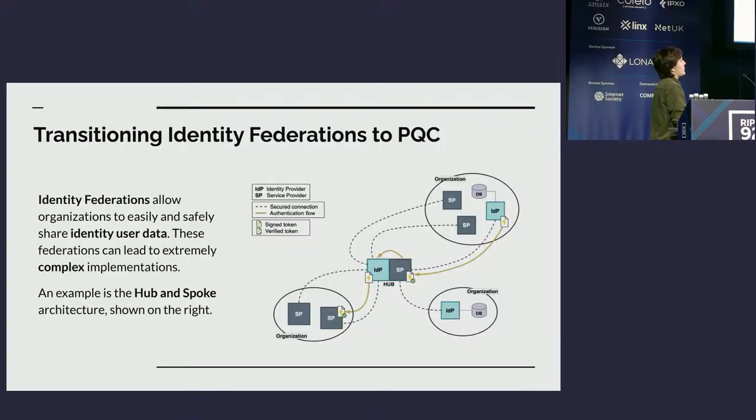It will act as a service provider when it's talking to the identity provider, and as an identity provider when it's talking to the service provider. So: verify, sign again, and then send it to the service provider. And this is, again, only one user doing one authentication. So imagine this many times over.